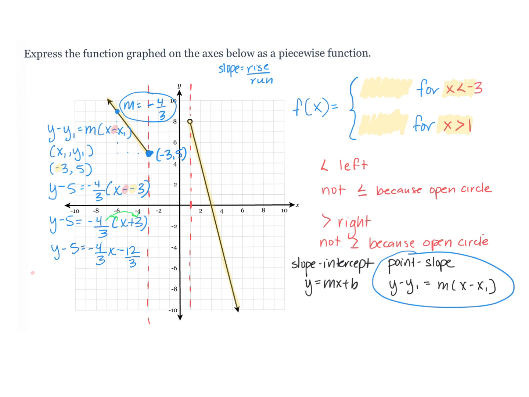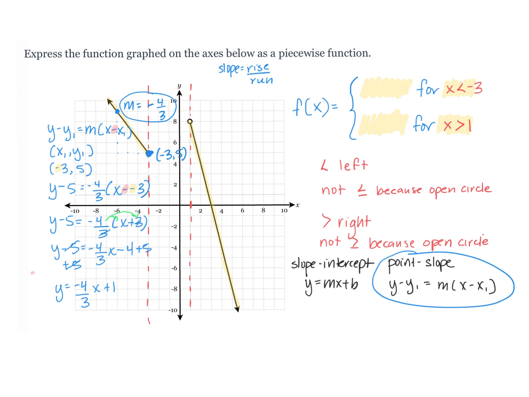And 12 over 3 is actually the same thing as 4. Notice that these 3's pretty much canceled there. And since I'm solving for y, I need to add the 5 to both sides to cancel it out. And then -4 plus 5 is 1.